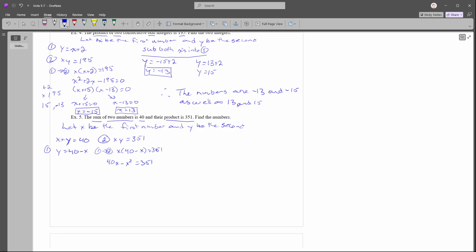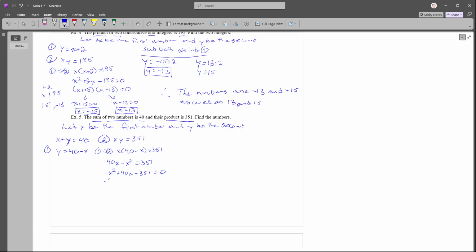Okay? So in this case, we need to put this into a full quadratic equation, which means we need to rearrange it, and we need to bring that 351 over to the other side. So that means we have negative x squared plus 40x minus 351. And that's going to be equal to 0. Now we can factor out that negative 1.